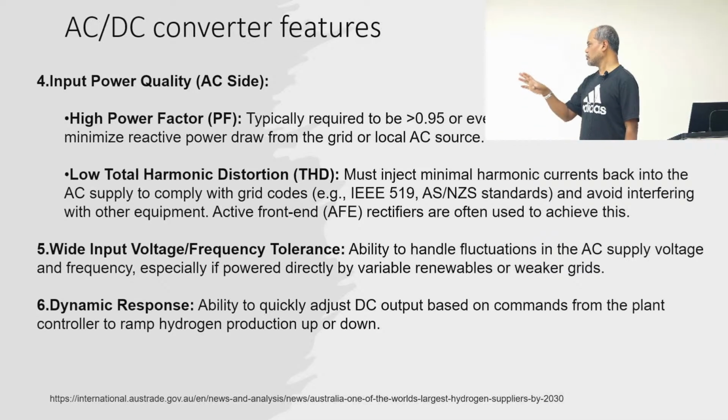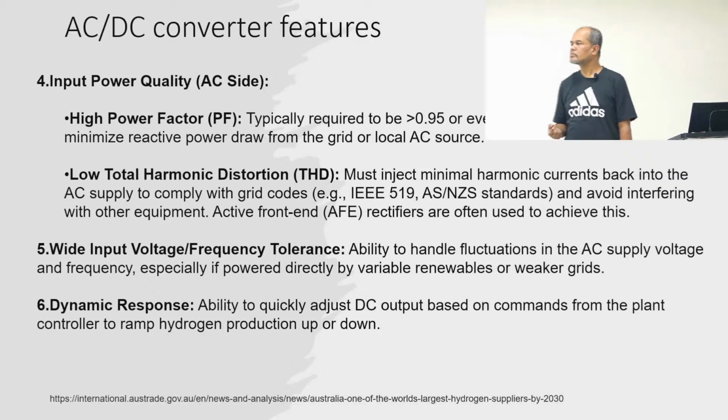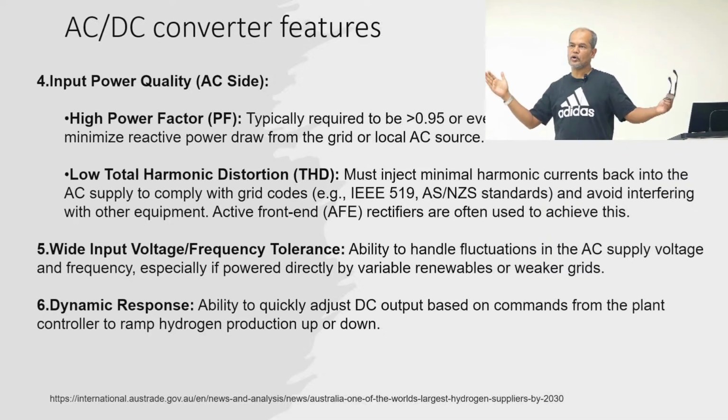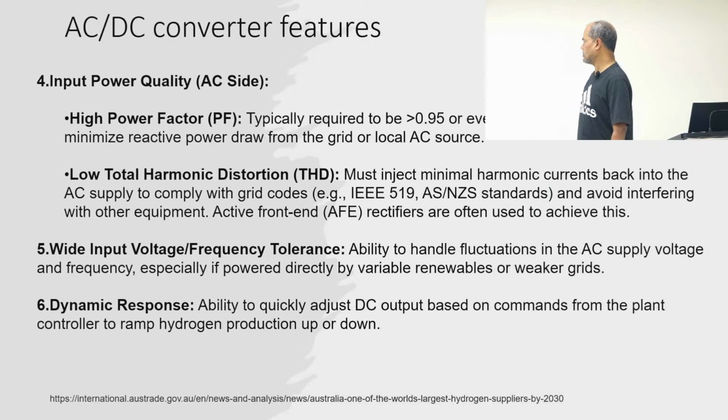Although we mentioned that we want constant, at the same time, if it has a wide range, and if for some reason it exceeds a certain value, your electrolyzer should still be able to work with the input rectifier.